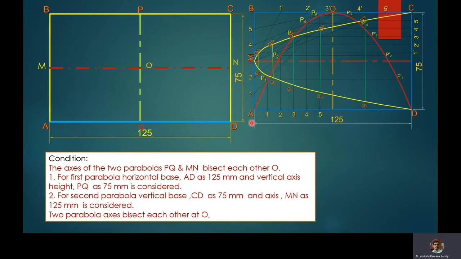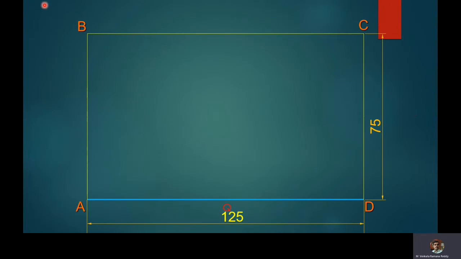That is, these two parabolas, say with base 125 and axis 75 mm, this is one parabola, and base 75 and axis 125 mm, this is another parabola. These two parabolas are bisecting each other at this particular point. Now we'll construct the first parabola.